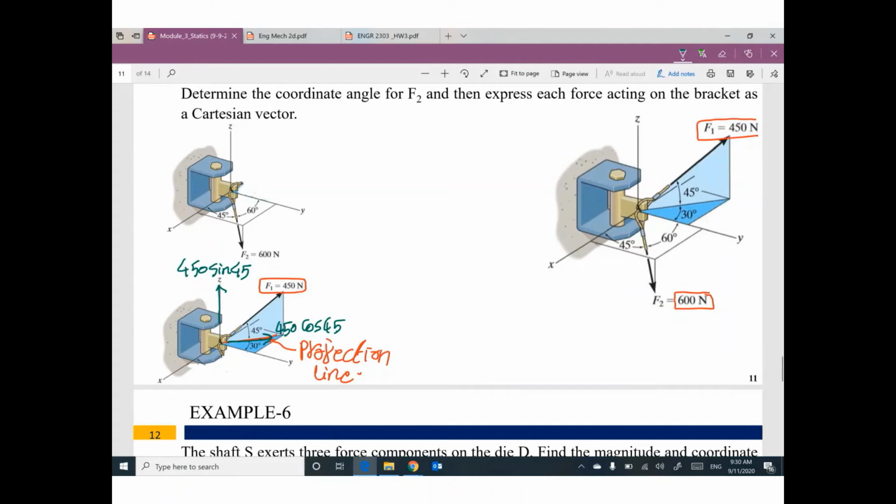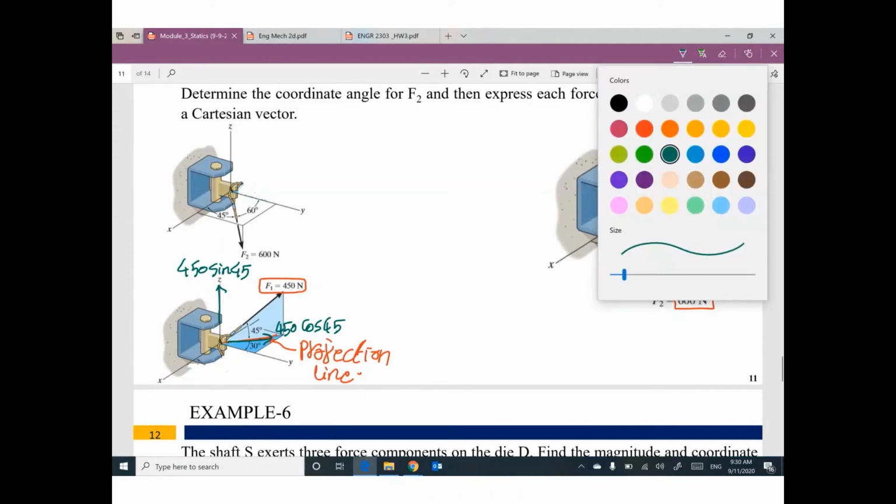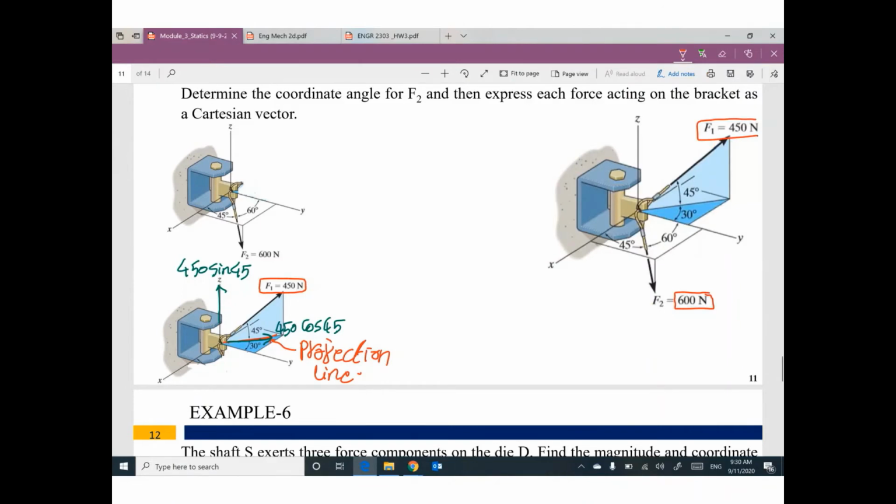Second step, we need to break the projection line component to another component, one between y and the other one will be in x, probably in x positive or in x negative. This is the positive direction and this is the negative direction of x, whatever.